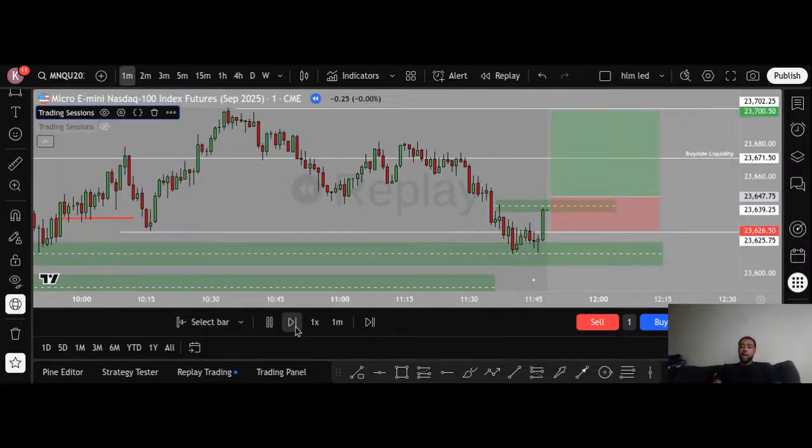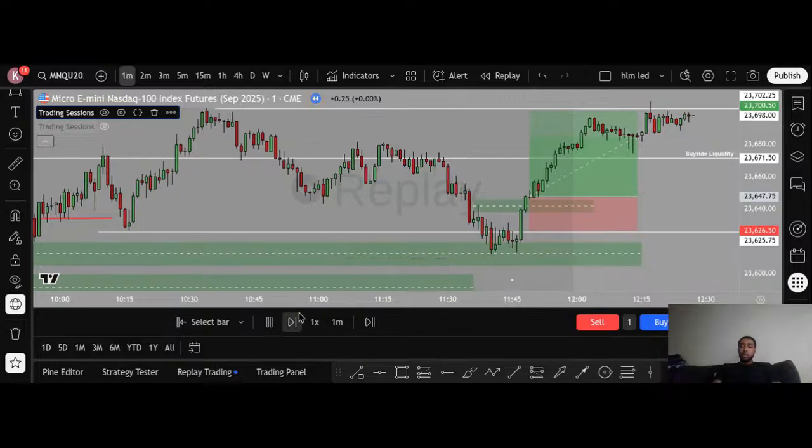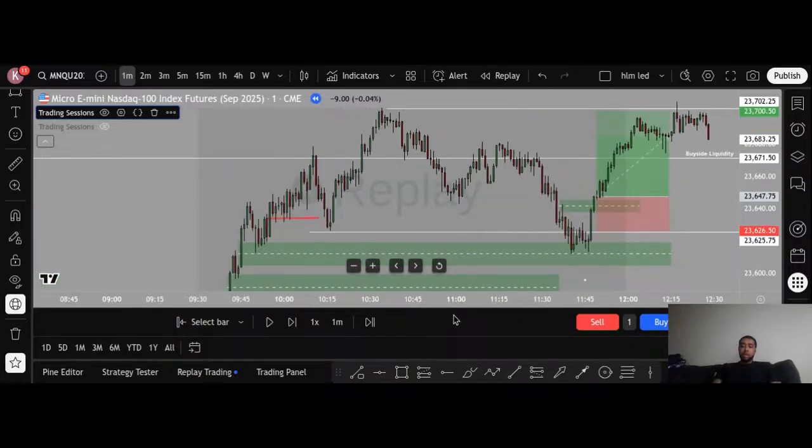Hit the fair value gap. Wait for displacement. Nice displacement. Use it as an inverse. Are we looking for nice displacement, changing the state to the buy side? There we go.